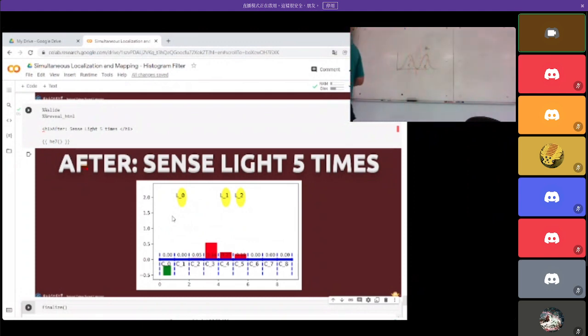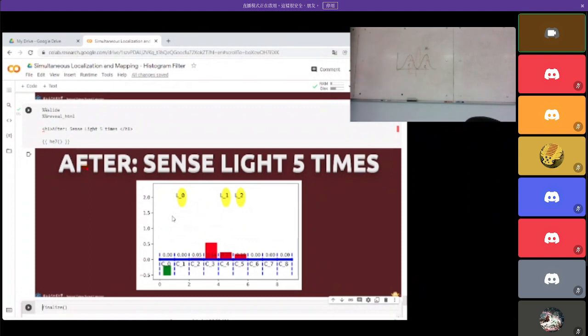Like in this scenario here, now if you ask the rover, where are you? Most likely it's in C3. So then you can do your path planning. You would say, oh, I think I'm in C3, so what command should I execute next?